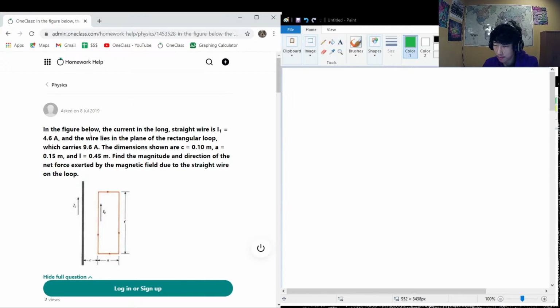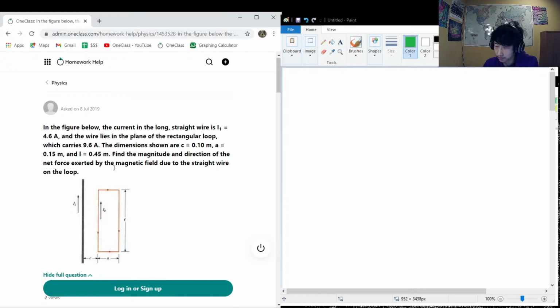And right beside it, we have a rectangular loop which carries 9.6 amps, going along the rectangle in a circular type fashion. We have the sizes of the rectangle, and we want to find the magnitude and the direction of the net force exerted on the loop as a result of the magnetic field's interaction with the two wires together.